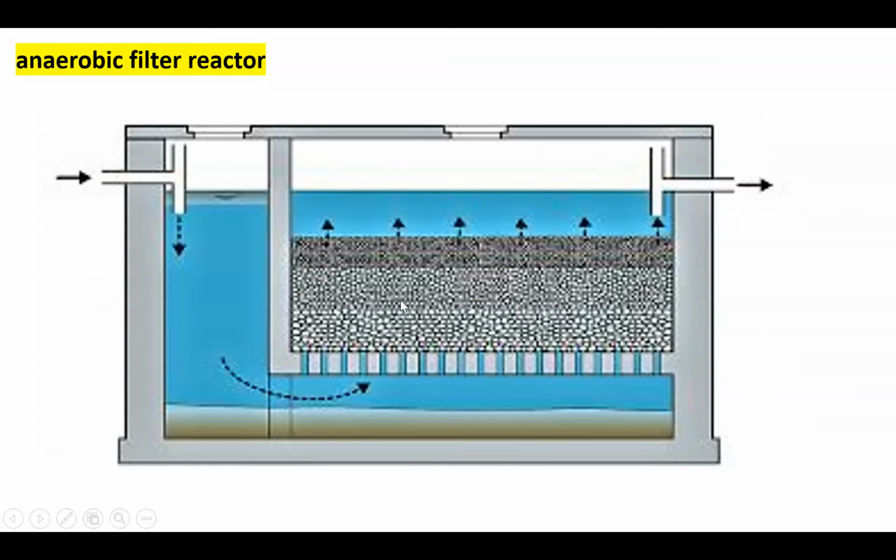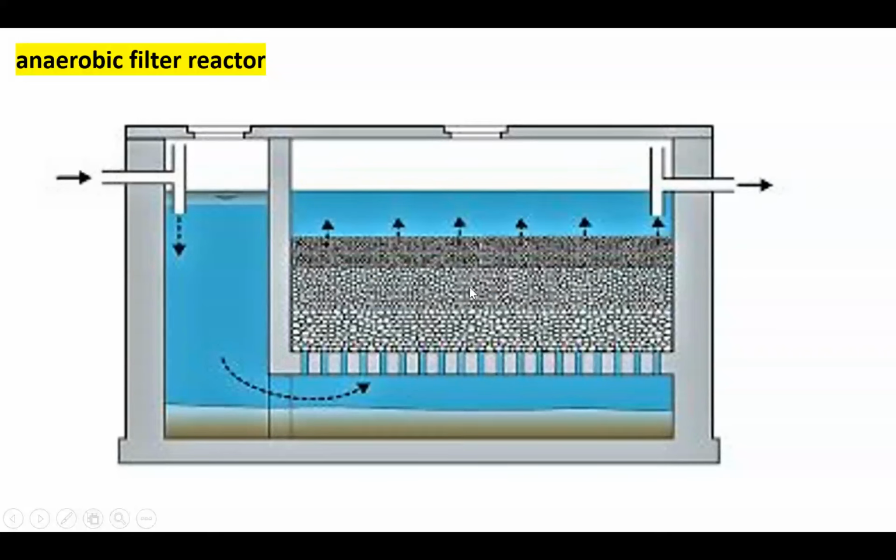Here you see that it is very densely packed, but we have to make sure that this packing media, which may be ceramic or plastic, in which we are providing the microorganisms, has good contact with the wastewater that we are providing, which has the organic matter. So this should have good contact with the microorganisms in the plastic, ceramic or any other filter media that you are providing.